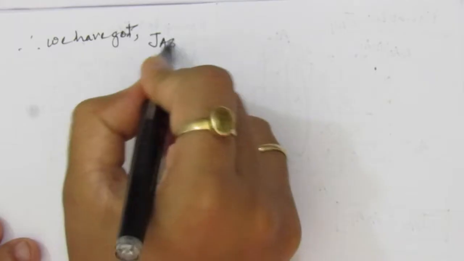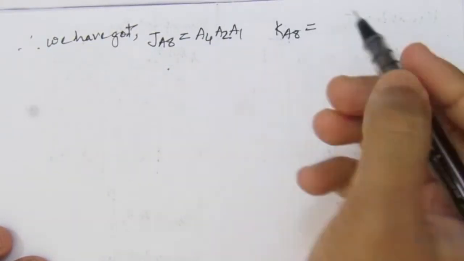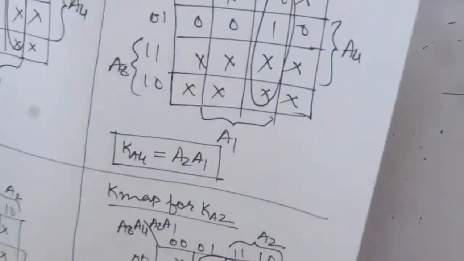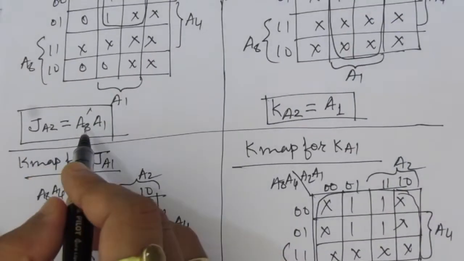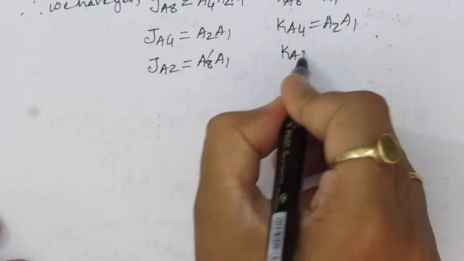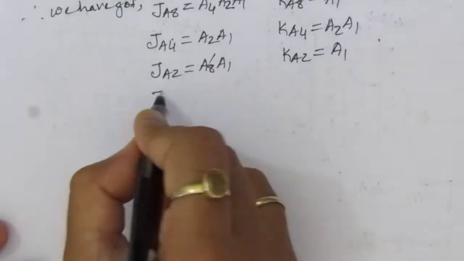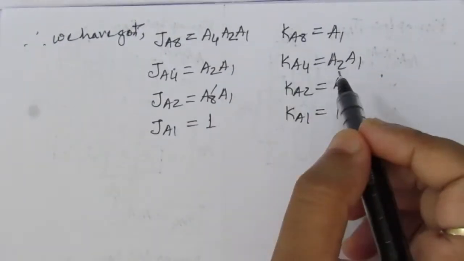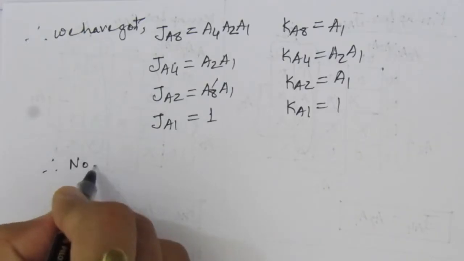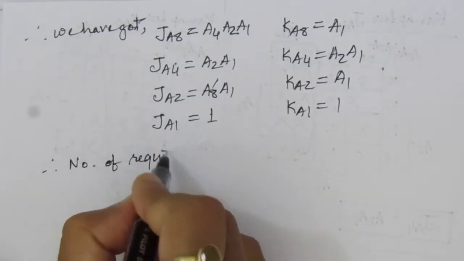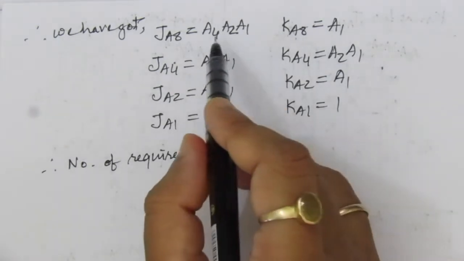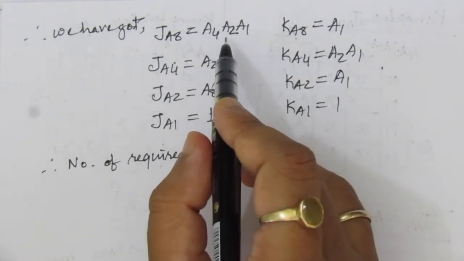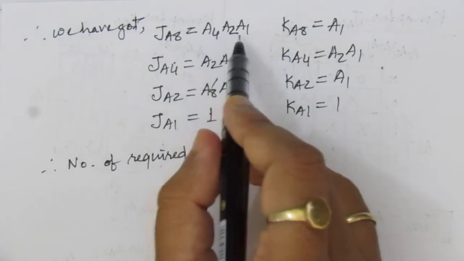Therefore the number of required AND gates is equal to, so here we have one AND gate, a 3 input AND gate.